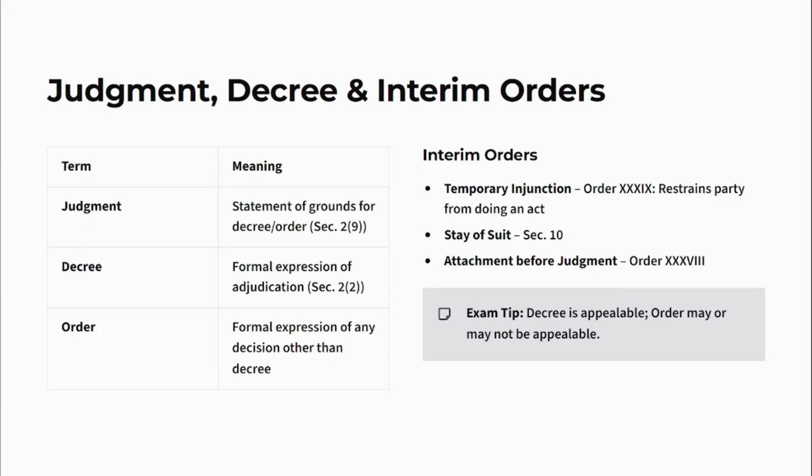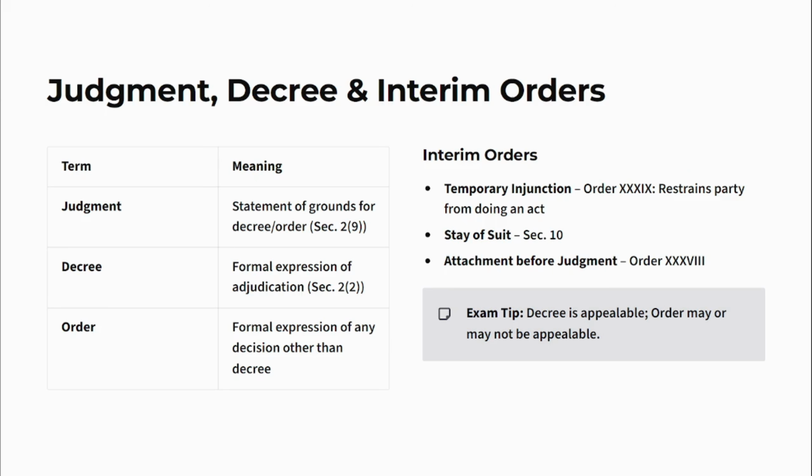Judgment, decree and order. So this is another favorite comparison question. Judgment, section 2(9): the reasons given by the judge for the final decision. Decree, section 2(2): the formal final decision that settles the rights of the parties.